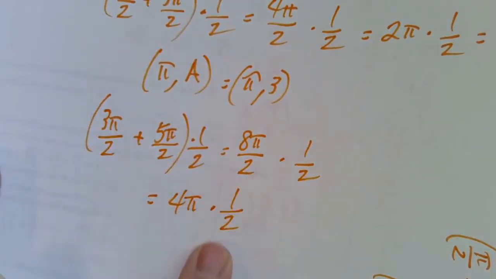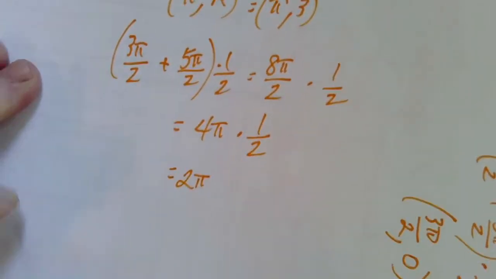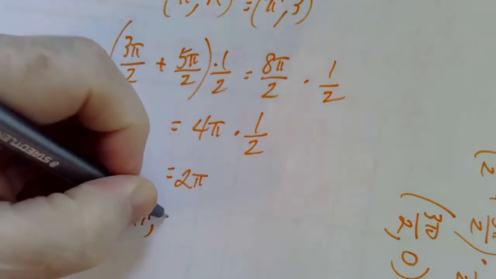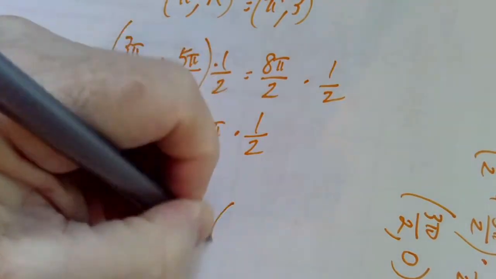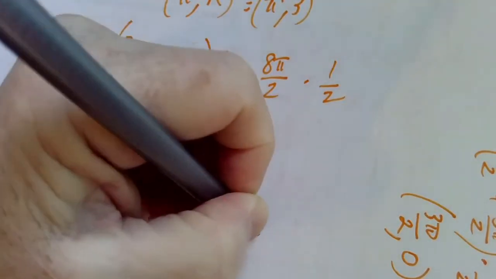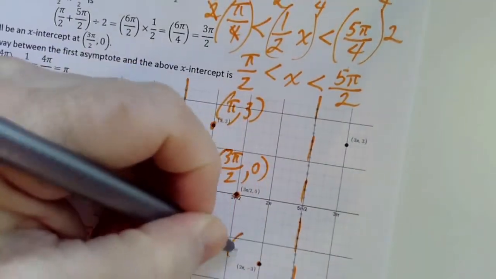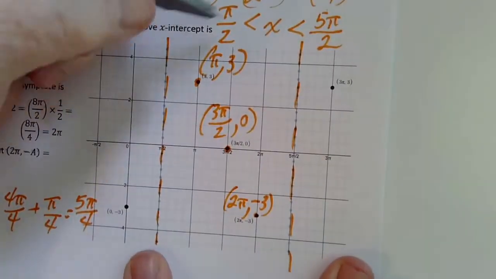And 4 pi divided by 2 is 2 pi. That means that at the x value of 2 pi, we're going to get a y value of negative a. So we're going to get the point 2 pi comma negative 3. And that gives us this nice graph.